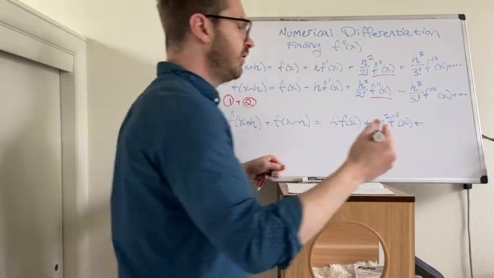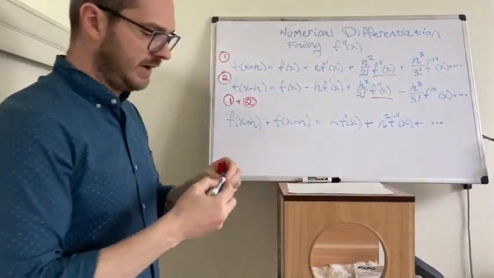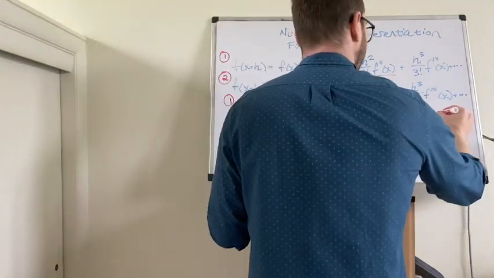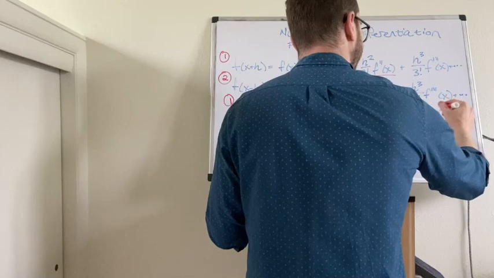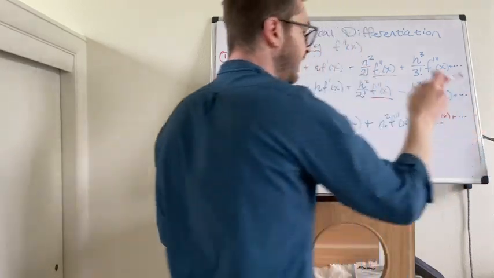So when I put dot, dot, dot over here on the right, understand that there are 0 f triple primes, and then it's dot, dot, dot, right?